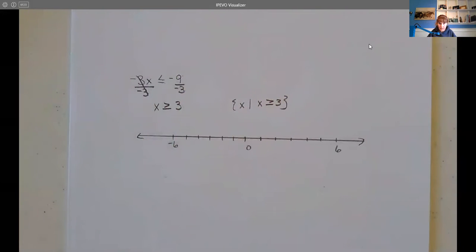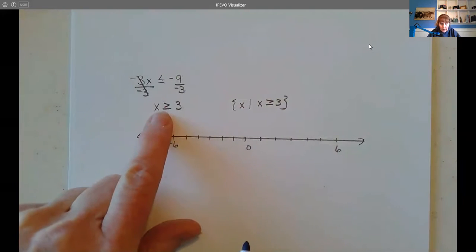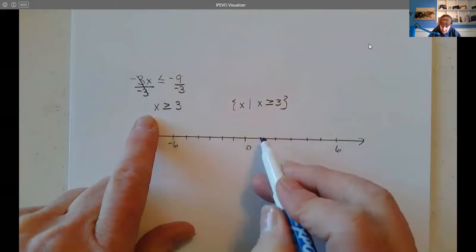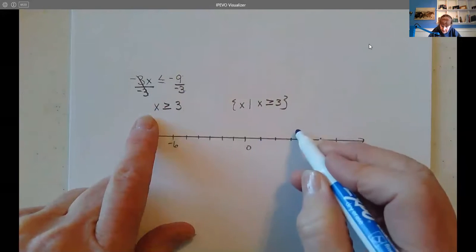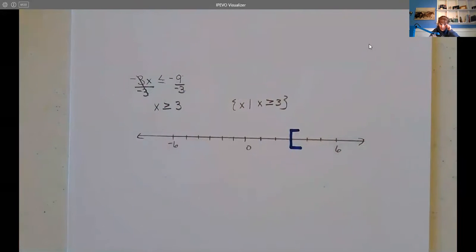Graphically, what does this look like? This solution, you'll go to the 3. Because of the equal sign, it's going to be a bracket. And we want x's that are larger than 3. So let's see, 1, 2, 3. So because we want them larger, our bracket's going to face in the larger direction.